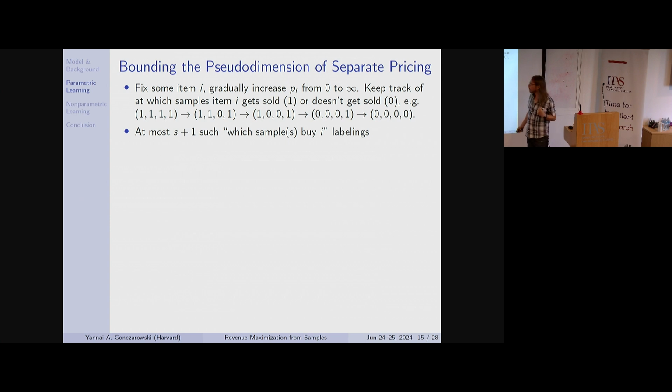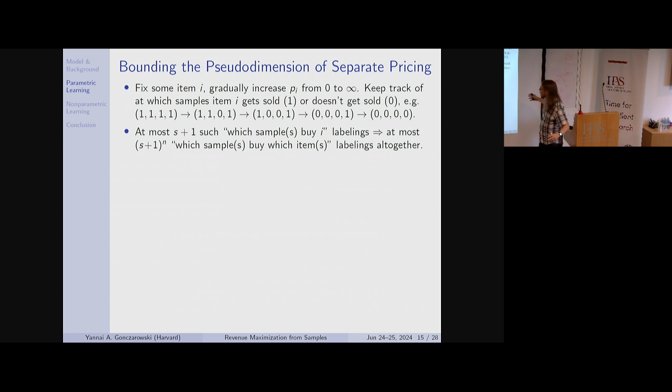At most, there will be S plus 1 such vectors, such labelings of which samples buy item number i. Maybe fewer if we had jumps, but at most S plus 1. Which means that for all items together, this was an experiment of raising the price of one item.